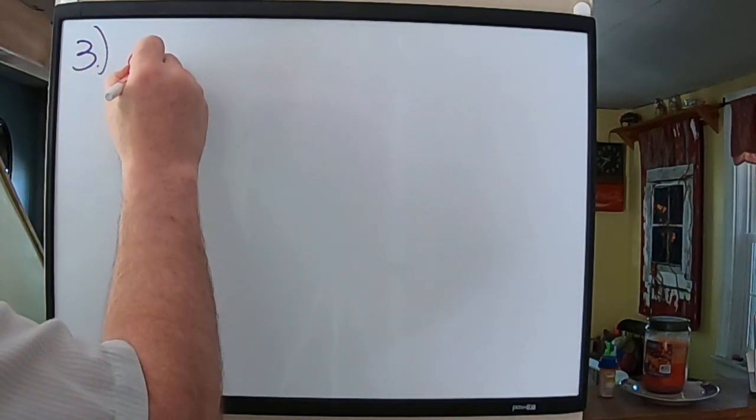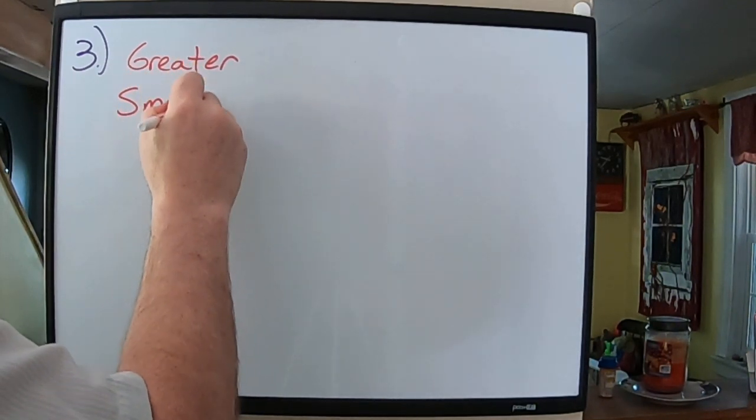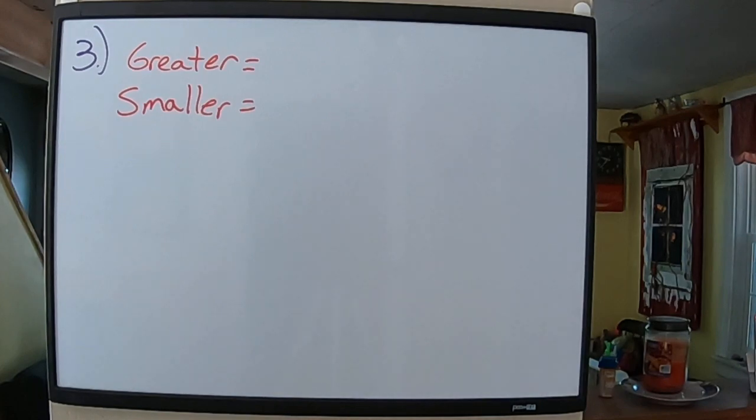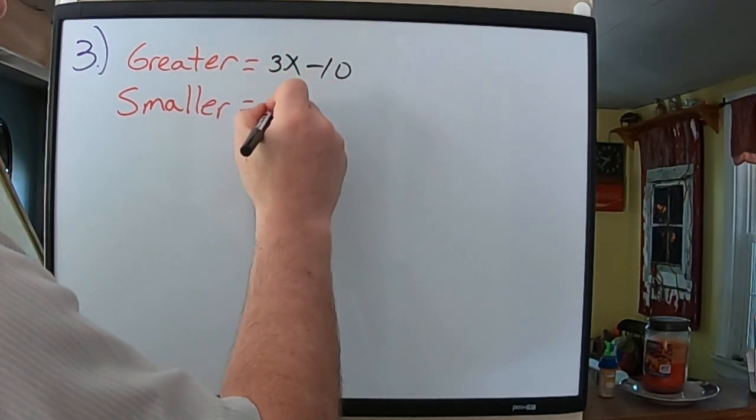But greater, smaller. The greater number is 10 less than 3 times the smaller.